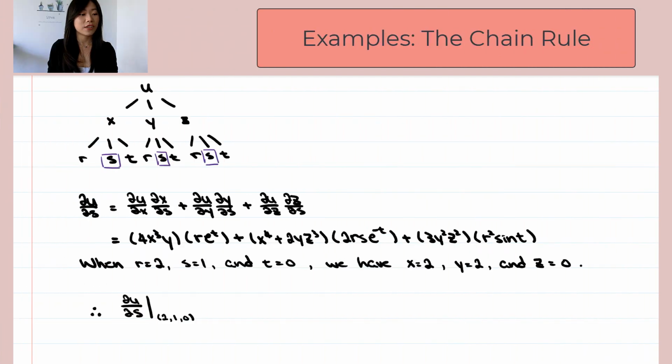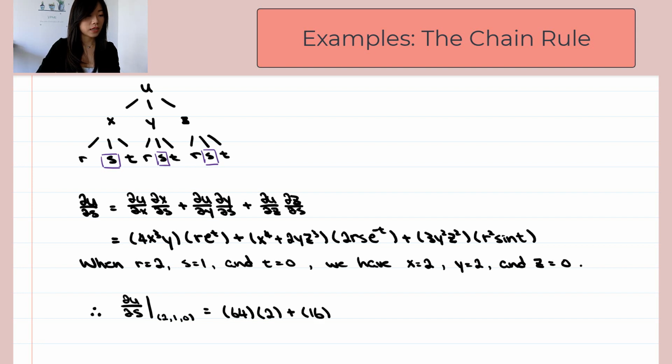The last step is to substitute these values into the partial derivative function that we just found. So this equals 4 times 2 cubed times 2, that is 64. Then times 2 times e to the power of 0, that is 2. Then plus 2 to the power of 4 plus 0, that's 16.